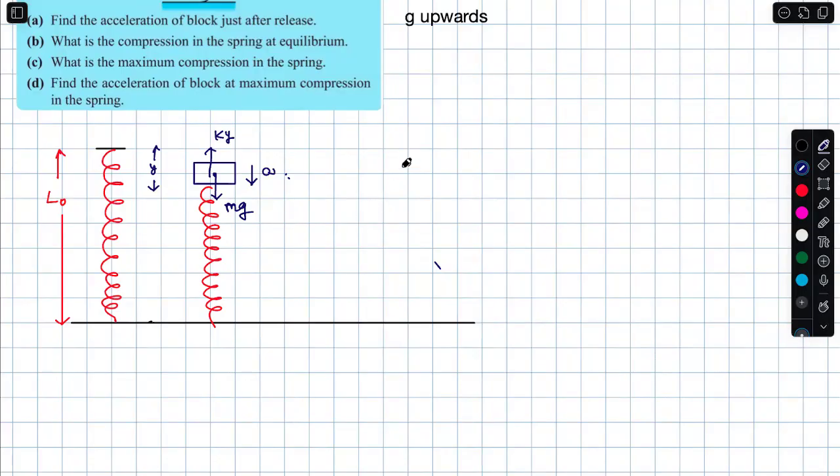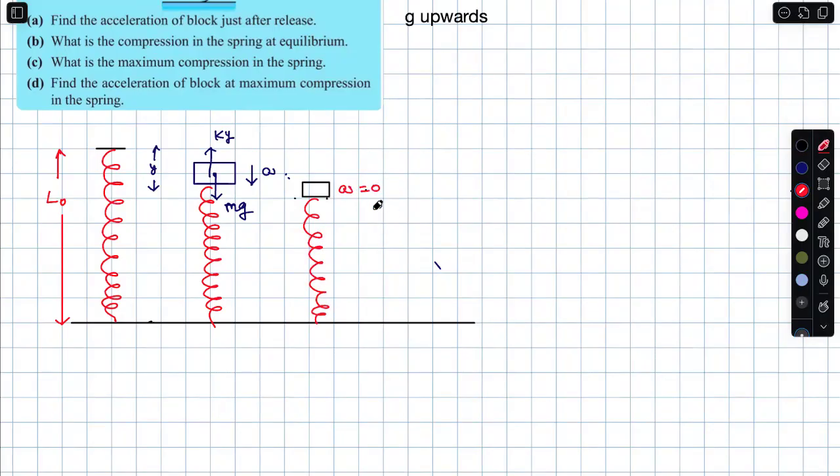When it reaches equilibrium, what is the meaning of equilibrium? Equilibrium is the stage where the block will experience zero acceleration.